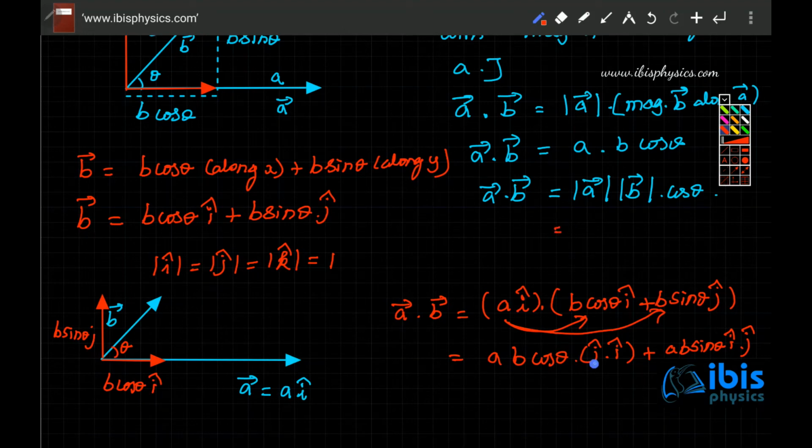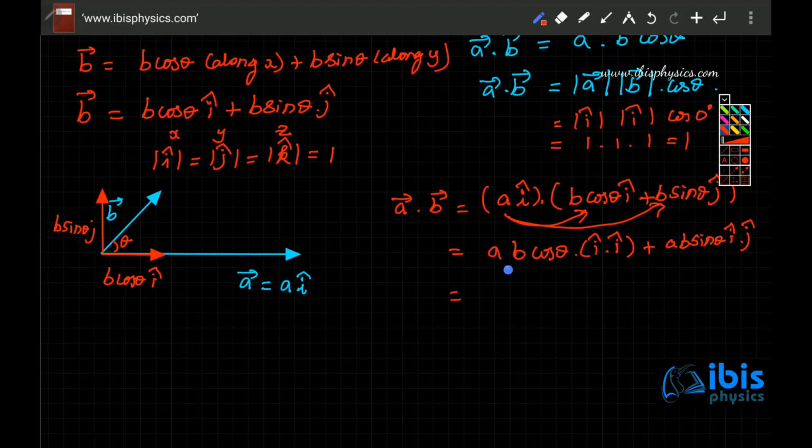So I said that i cap, j cap and k cap are unit vectors along the x axis, y axis and z axis. So i dot i is modulus i into modulus i into cos of the angle between that vector and the same vector, which is 0 degrees. These are all unit vectors, so their values are 1, into cos 0 which is 1, and so it is 1.